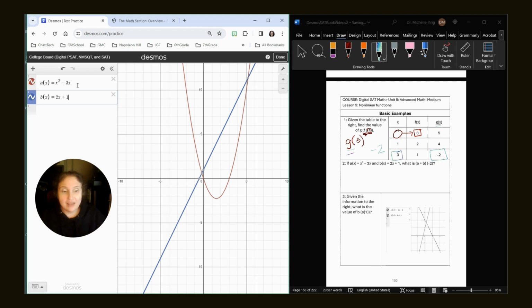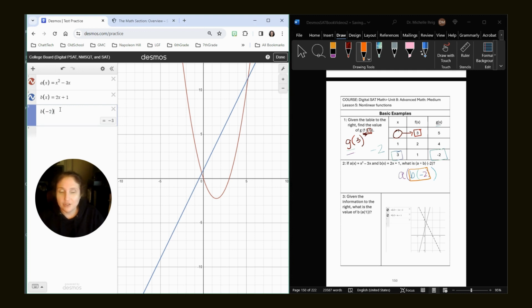Now it says a of b of -2. This is a fancy way of saying do b of -2 first. Again, I would put this at like a 600 level question. First, we're going to find b of -2, so that's what we type into the calculator first.